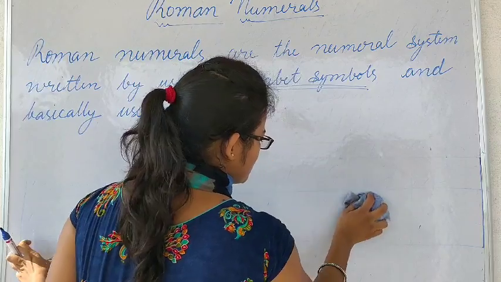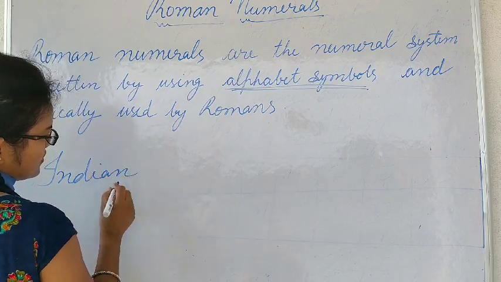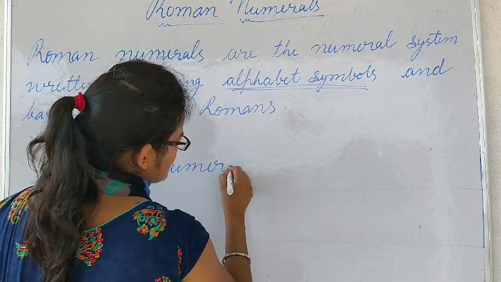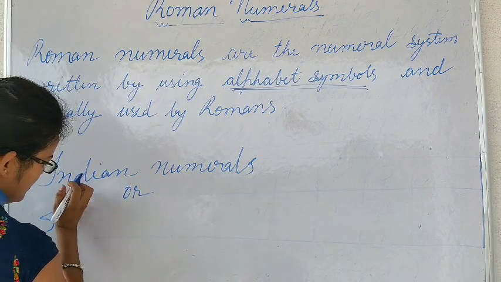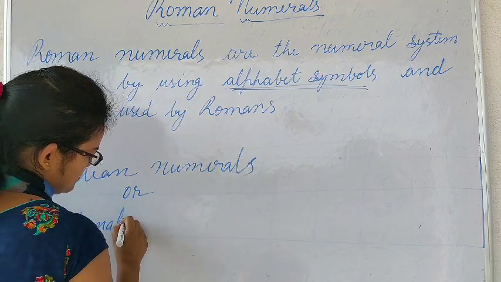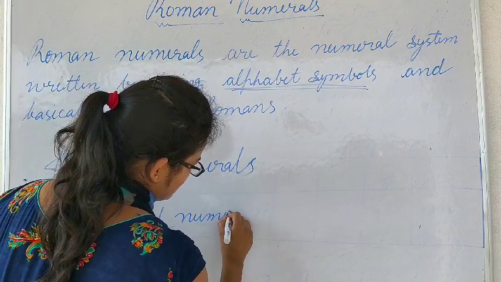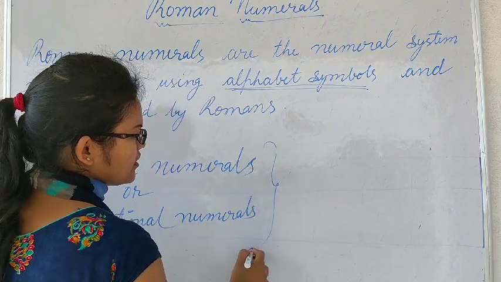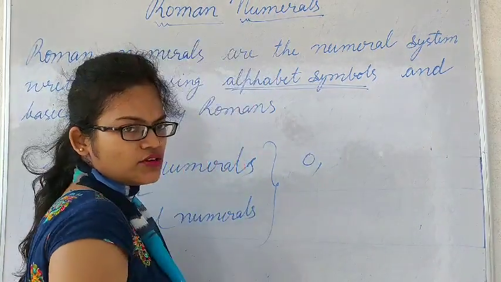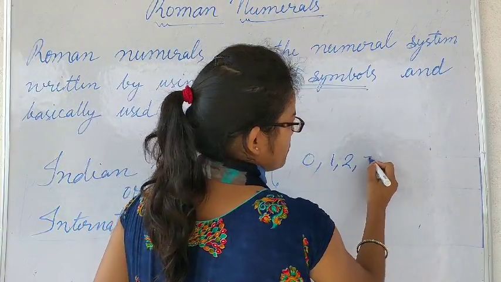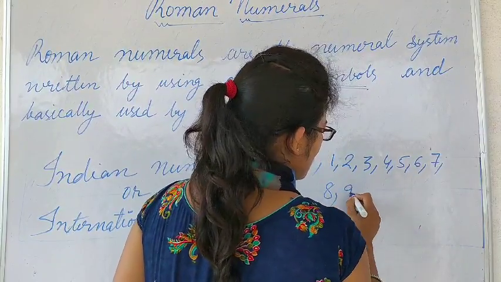As we are writing numbers in the Indian number system or Indian numerals and in international numerals, for writing both the number systems, we are using the digits 0, 1, 2, 3, 4, 5, 6, 7, 8 and 9.